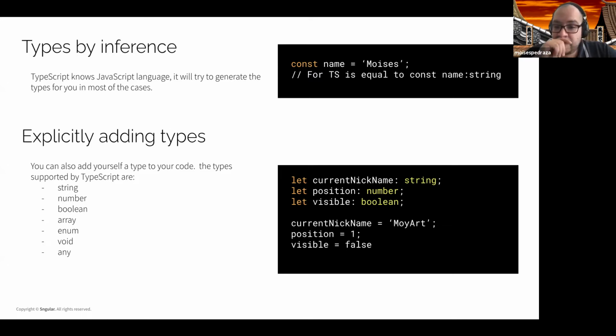And the way to actually explicitly add types to your TypeScript variables is using this syntax: a colon after the name of the variable and then the type you want to use. If you do let current nickname colon string, and then you do an equal string Moises, that's kind of a code smell.